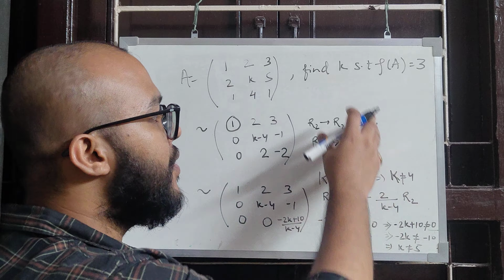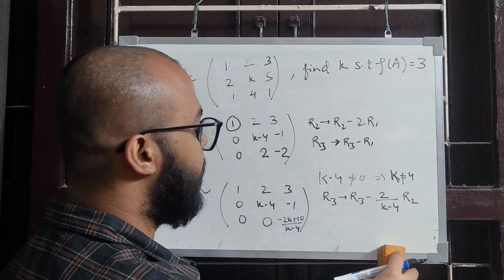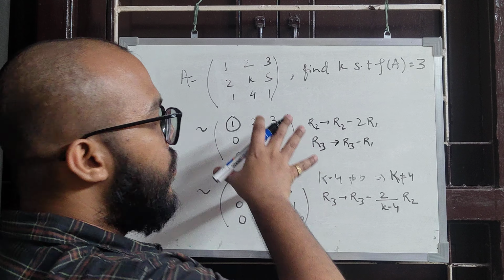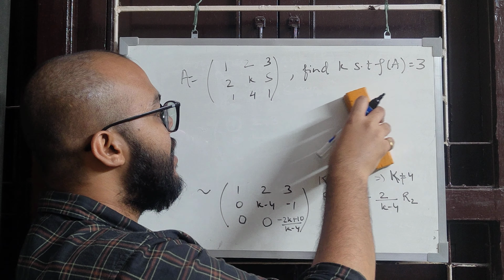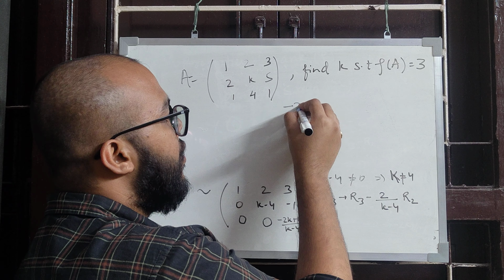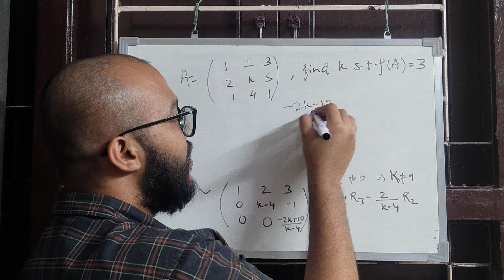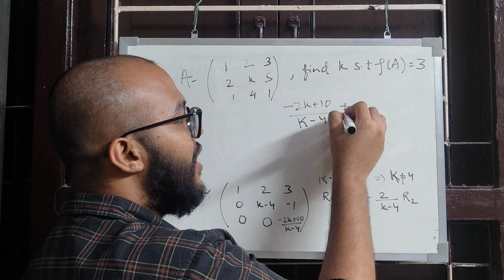Let me rewrite it here. We have already understood this, so let me erase here. Minus 2k plus 10 by k minus 4 can't be 0.